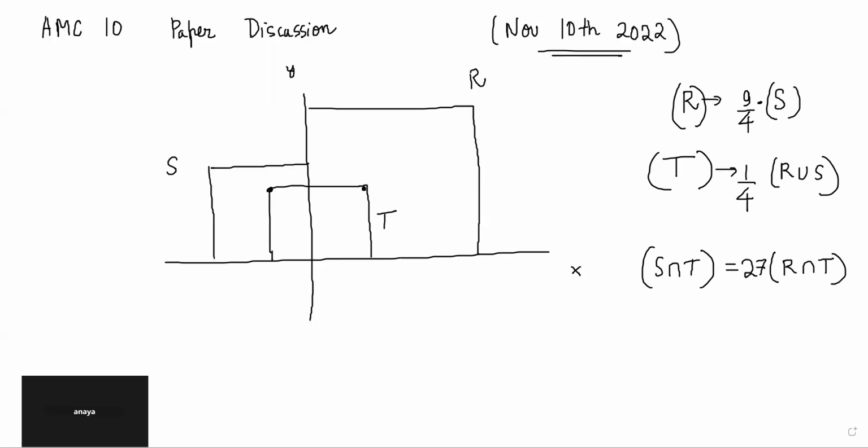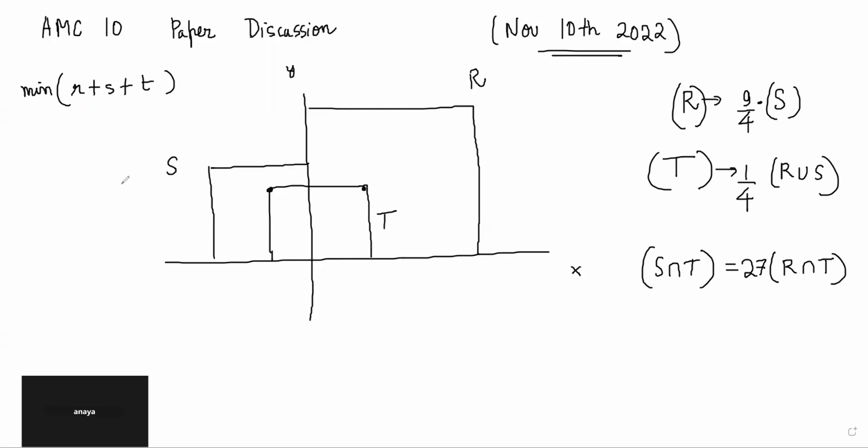Fine. We have to find the minimum possible value of the edge length of R plus S plus T. Add all the edge lengths and we have to find the minimum of that sum. Let's call that small r, small s, small t. We have to find the minimum of r plus s plus t.